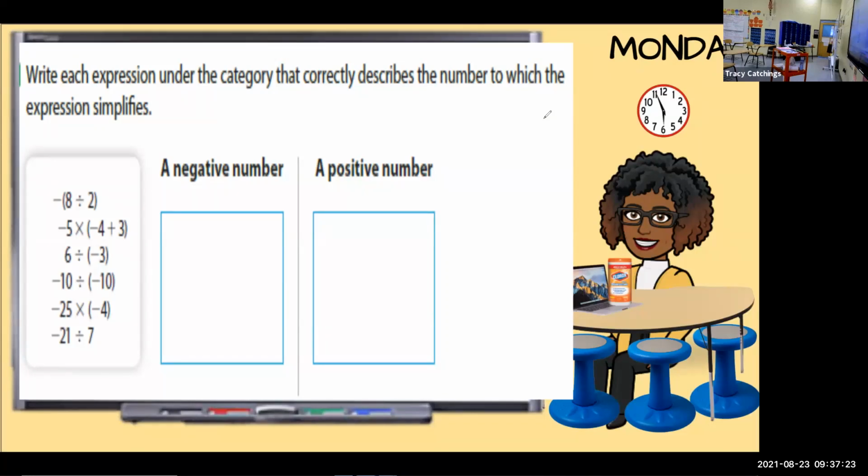All right, the first one, we got negative, and then in parentheses, 8 divided by 2. What kind of answer do you think we'll get? What's 8 divided by 2?